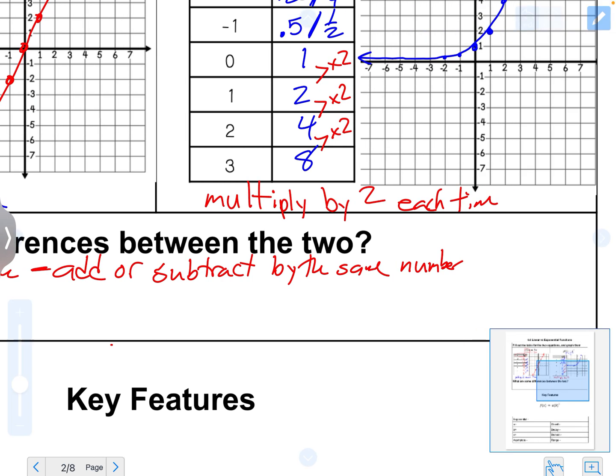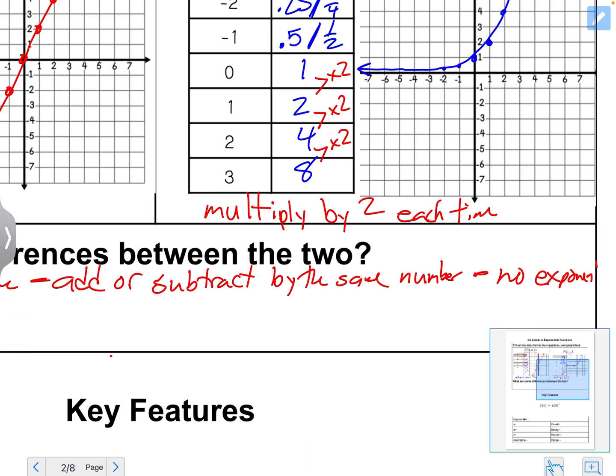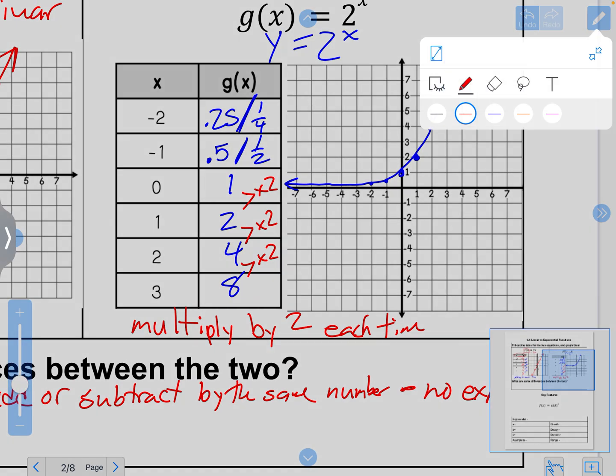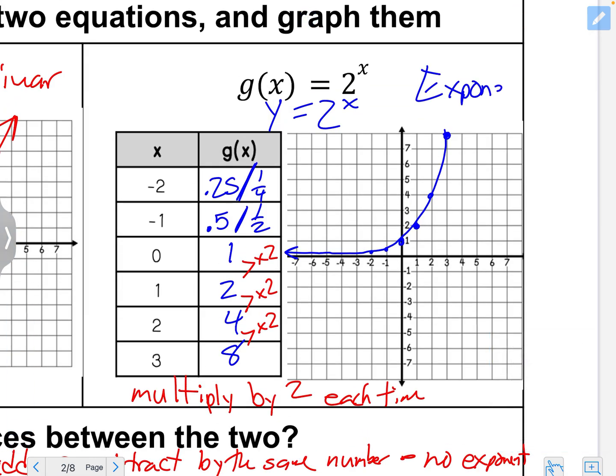And what we also know about linear is that there is no exponent. So if that one's linear, that means that this graph right here is our exponential graph.